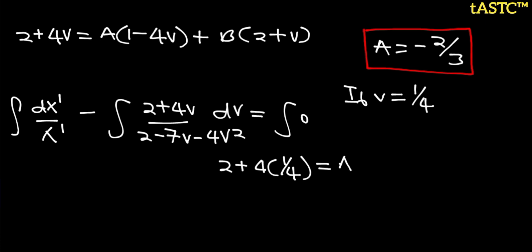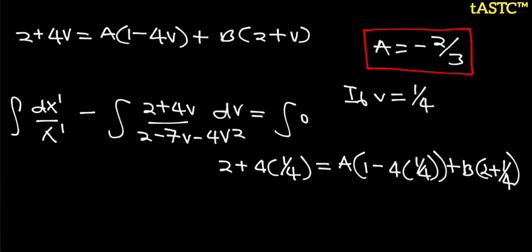And on this side, we're going to have a into 1 minus 4 of a fourth. And here we're going to have a b multiplied by 2 of a fourth. So here we know this is going to be 4 canceling this out, and that will leave us with a 3.